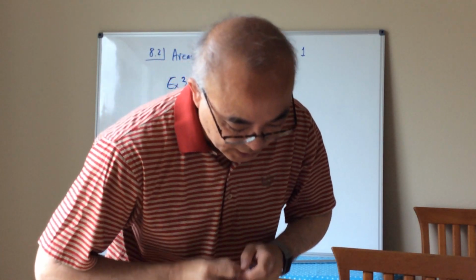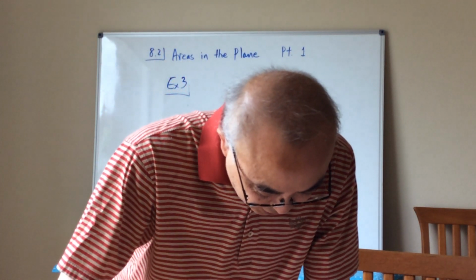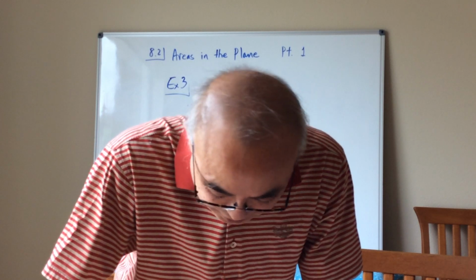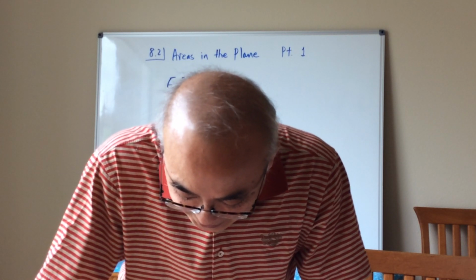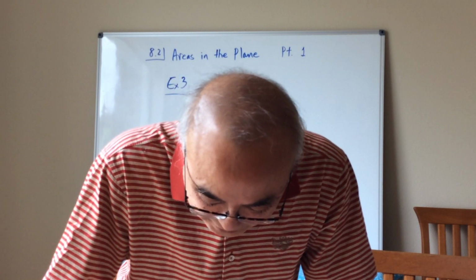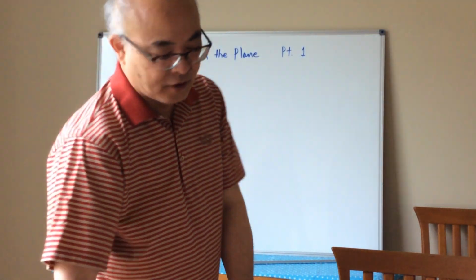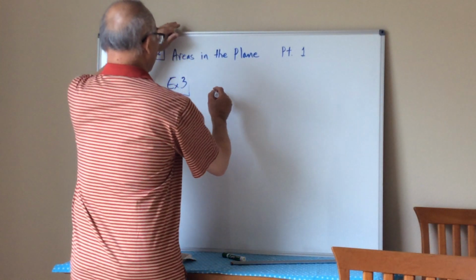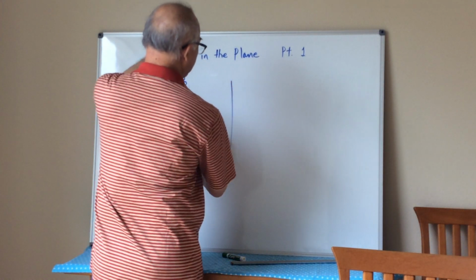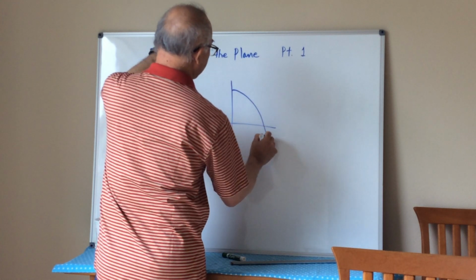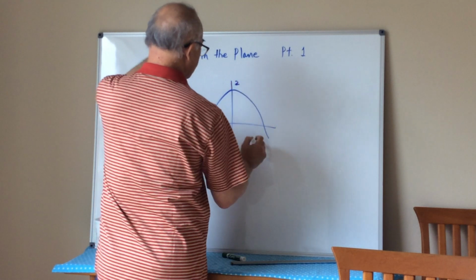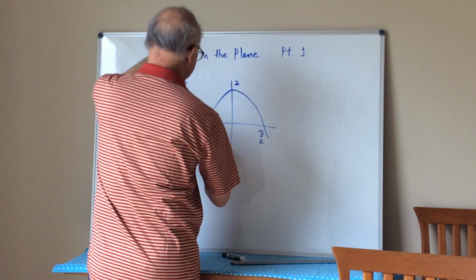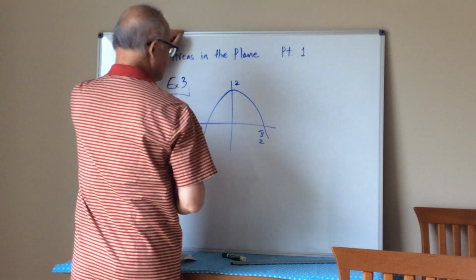Example number 3. Find the area of the region enclosed by the graphs of 2 cosine x and x squared minus 1. Okay, so if we do that, 2 cosine is going to look like that, where this is 2, and this is pi over 2 and negative pi over 2.